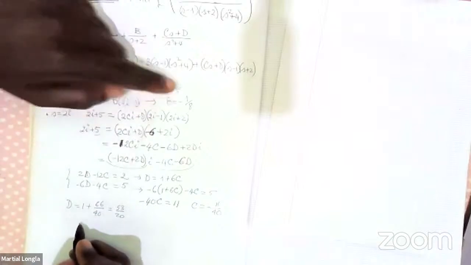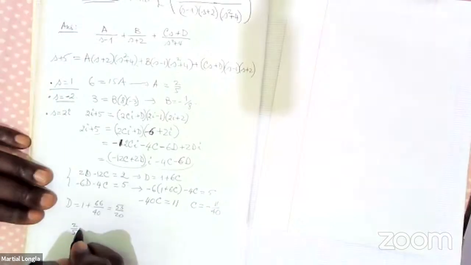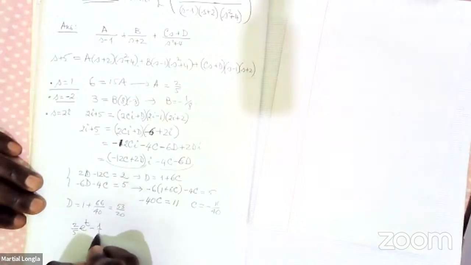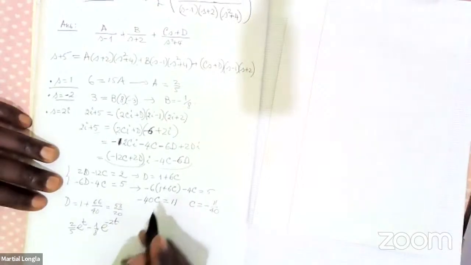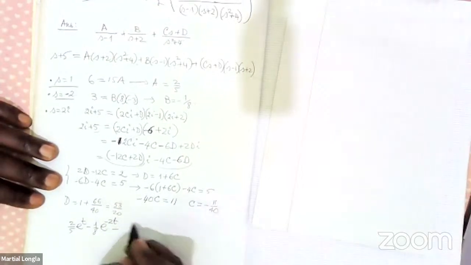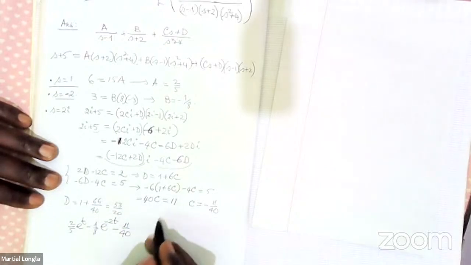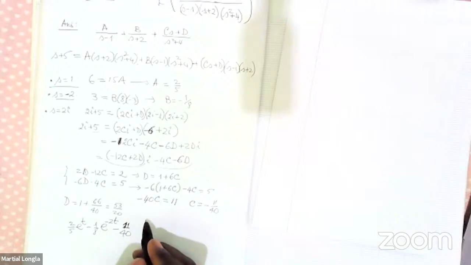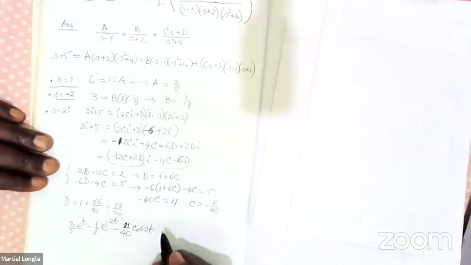A is 2/5. Inverse Laplace transform of 1 over s minus 1 is e to the t. B is minus 1/8. Inverse Laplace transform gives e to the minus 2t. Then plus c, minus 11 over 40, and then s over s squared plus 4, that's cosine of 2t.